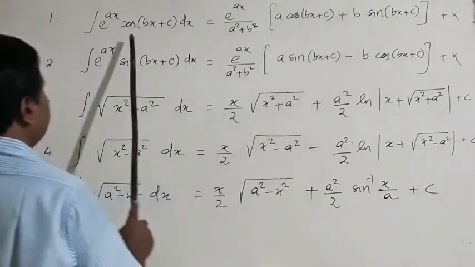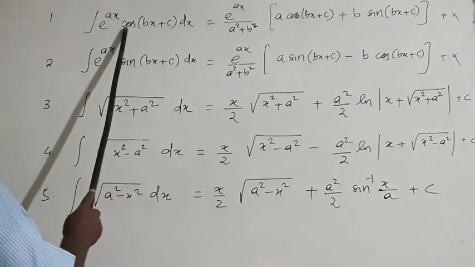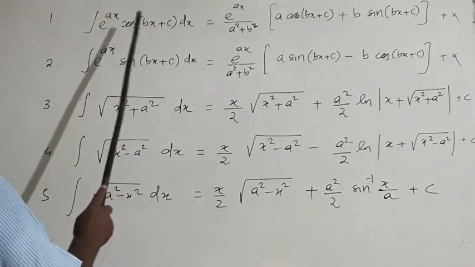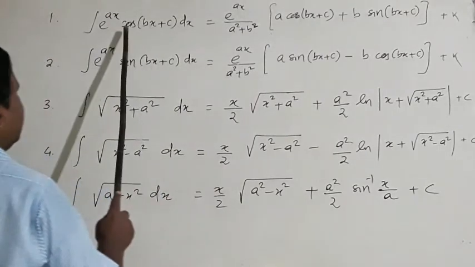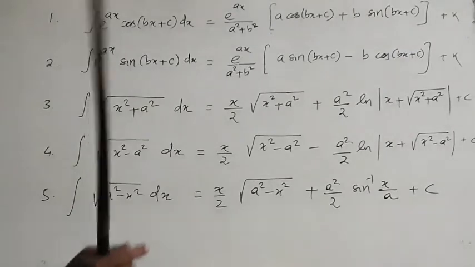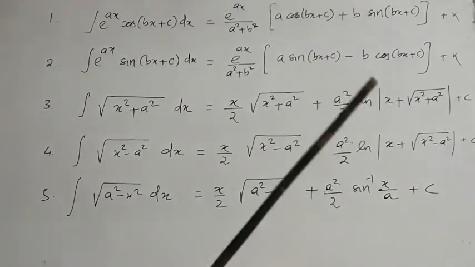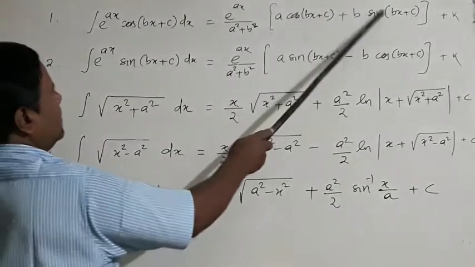b into what? The integration result of cos is sine. So take b sin bx plus c. The integration of cos bx plus c is 1 by b sin bx plus c, but I am not taking that 1 by b, I am just multiplying b sin bx plus c.